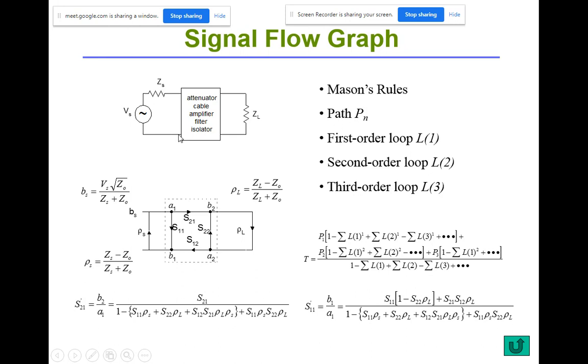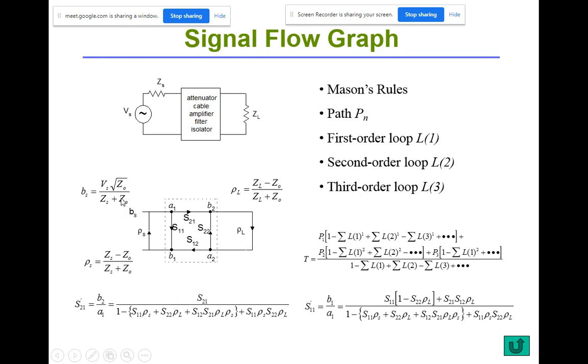Whatever voltage that you have, you divide by the square root of Z0. So you can treat the signal going into port 1 from the source, which is the previous block, as BS.